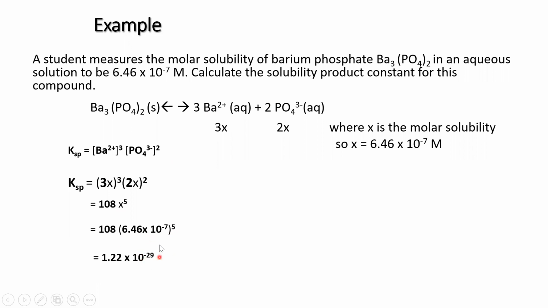Negative 29. Remember we said when Ka values were small, we were looking at weak acids, and when Kb values were small, we were looking at weak bases. Well, KSP values are going to be small because only a very small amount of this solid actually breaks up into ions in solution.